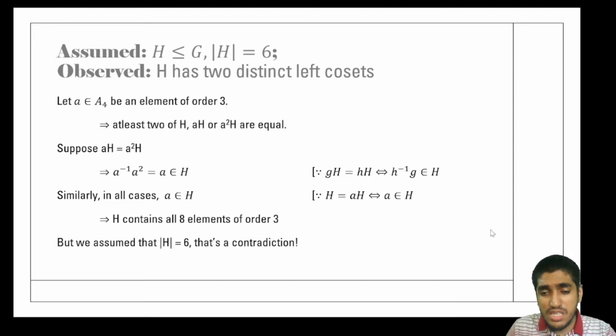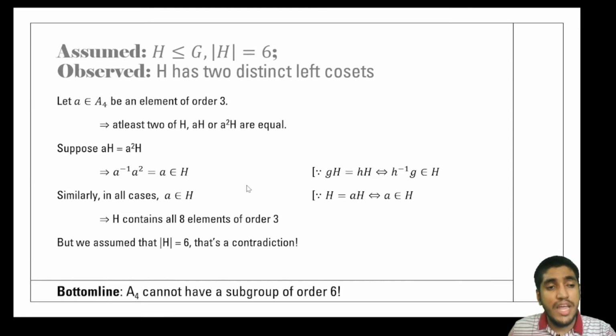That's contradicting our assumption that order of H is equal to 6. Bottom line, A4 cannot have a subgroup of order 6, even though 6 divides order of A4.